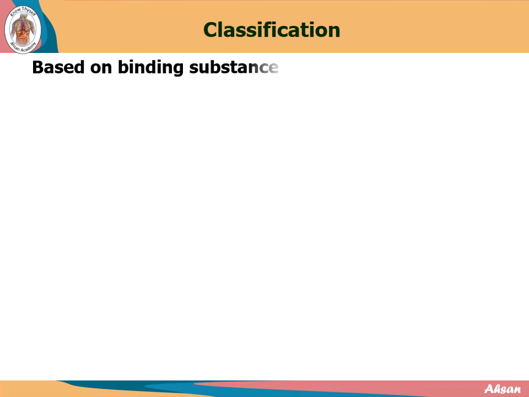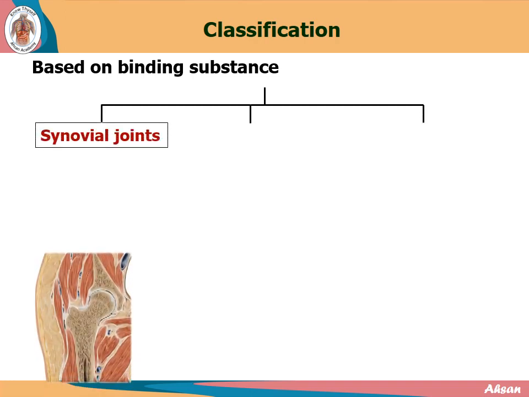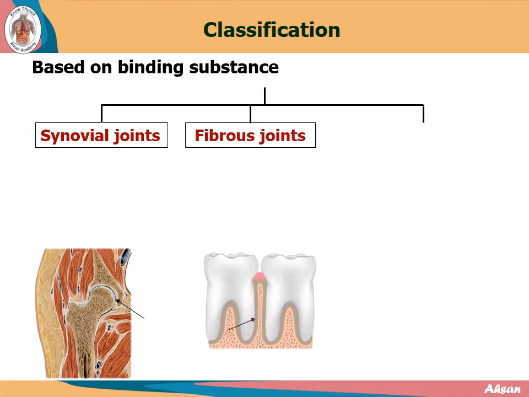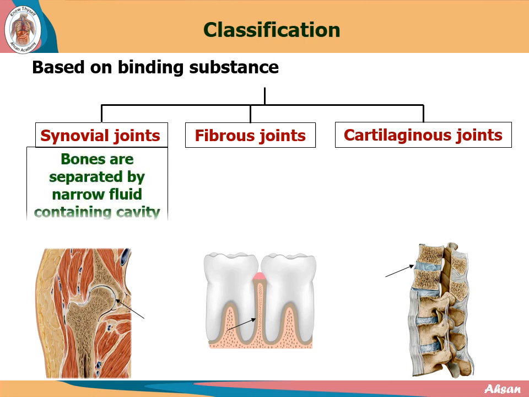So on the basis of binding material, actually joints are classified into three types. The synovial joint, this is the example of the synovial joint. The second one is the fibrous joint. This is one type of fibrous joint, and the third one is the cartilaginous joint. So synovial joint has a cavity filled with fluid and there is a fibrous capsule.